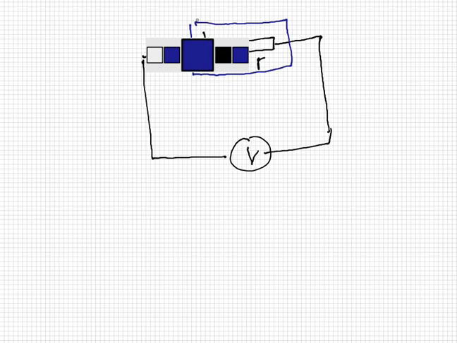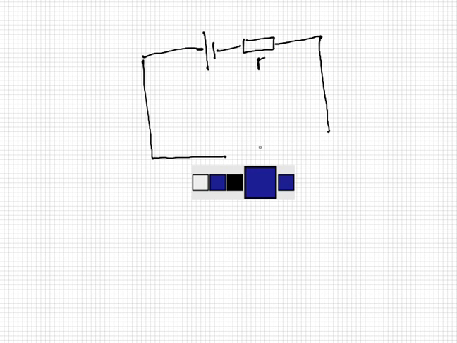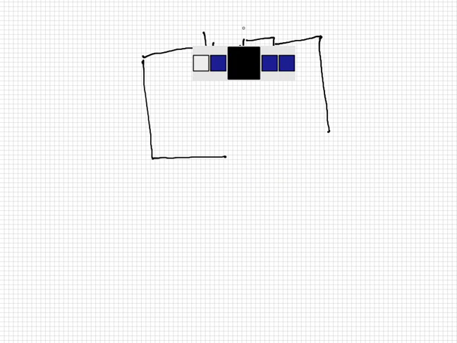If I use Kirchhoff's rule and start here at E, I go around, but the voltmeter doesn't really do anything, it's just to measure voltage. So in fact, let's imagine that there's no voltmeter, it's just like this.